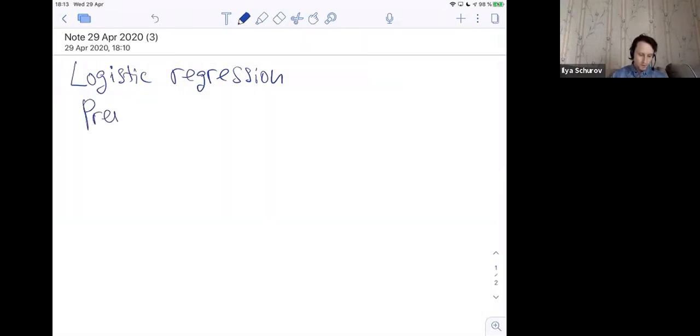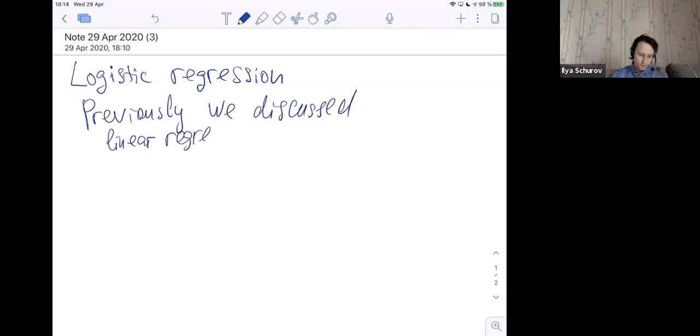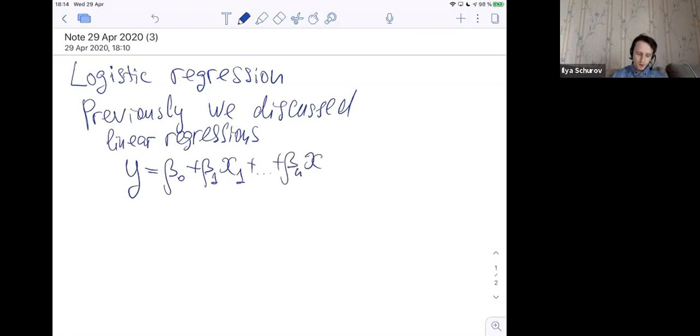Previously, we discussed linear regressions, where we studied relations like y equals beta naught plus beta 1 x1 plus and so on plus beta n xn.